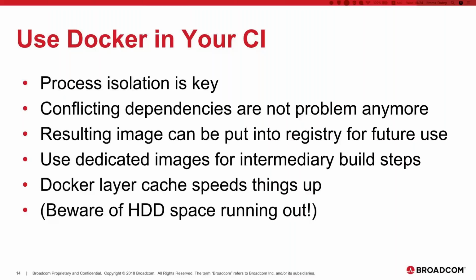You can have several Docker images. One of them, for example, for unit testing, another for integration testing, and a final one for building the artifacts and final installation packages of your software. Or you can have the Docker image with your application.